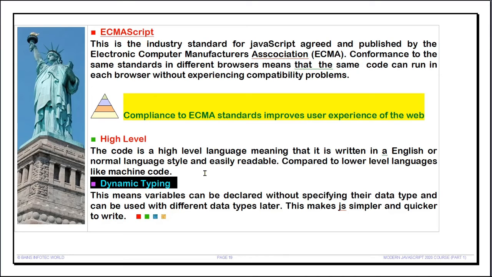Then later on you can say y equals 25, and then what you've done is you've just changed the value of y from a string to a number, and that is dynamic. It means you can do it as you go along or whenever you like. You're not limited to the type of data you can put in that variable.